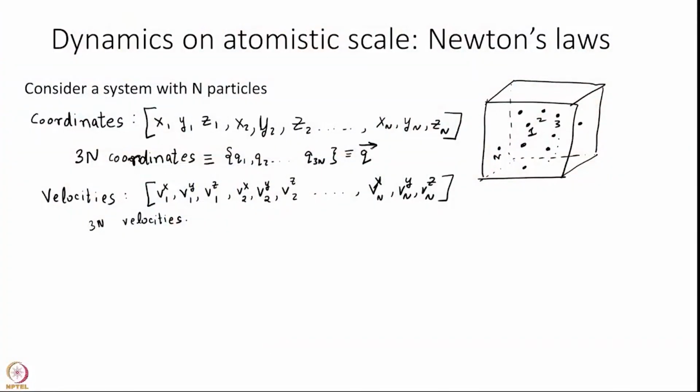I just want to simplify my notation, and for that purpose only I start using q1, q2, q3 till q3n. What you can imagine in your head is that q1 is x1, q2 is y1, q3 is z1, and so on and so forth. I will do the same thing for velocities. I will simply call them v1, v2 till v3n and call this the vector v.